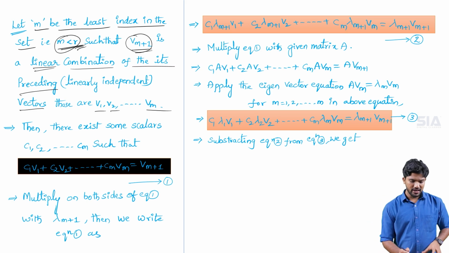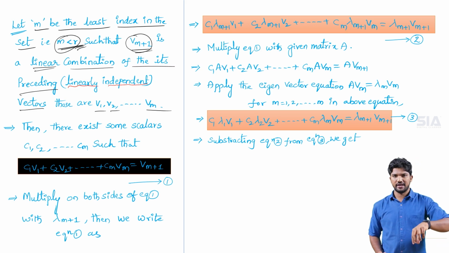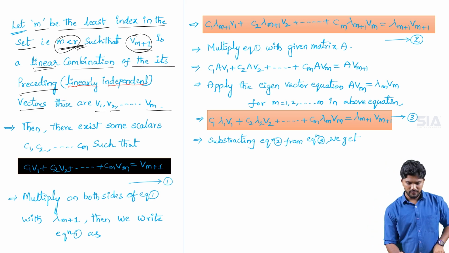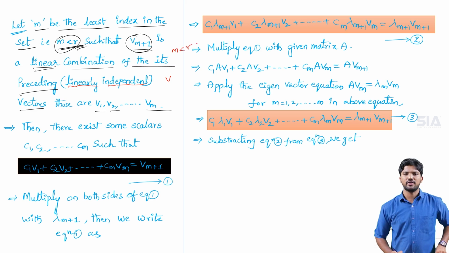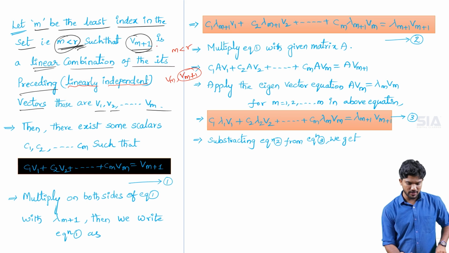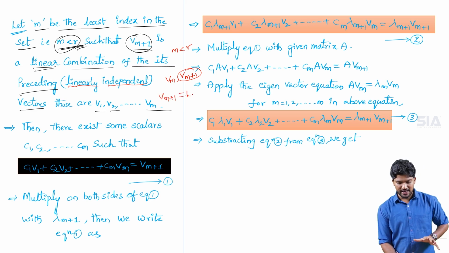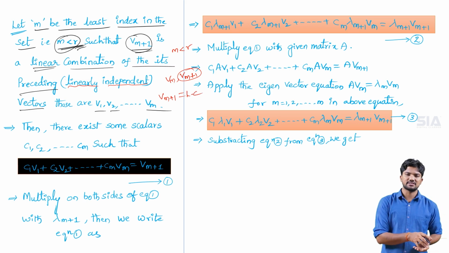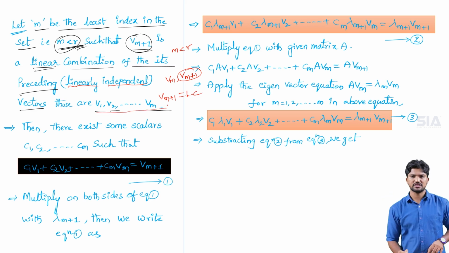All those preceding vectors are linearly independent, as I clearly mentioned; that is what we are proving here. Whenever small m is the least index in the set of small r vectors, there exists the next vector v suffix m plus 1, and this v suffix m plus 1 can be written as a linear combination of its preceding vectors v1, v2 up to v suffix m.